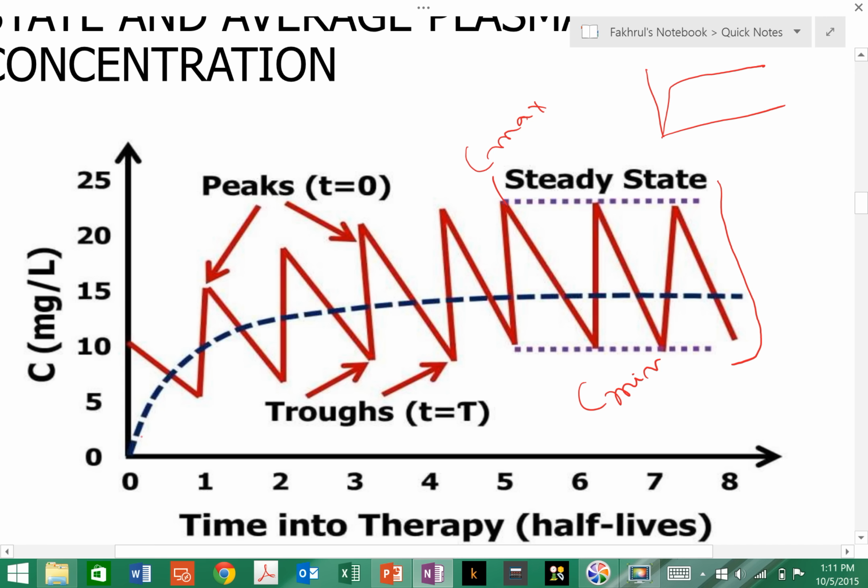But there is an average concentration, which we call C average. When there is infinity, that means it is at steady state. So this C average is very much equal to CSS in steady state infusion.